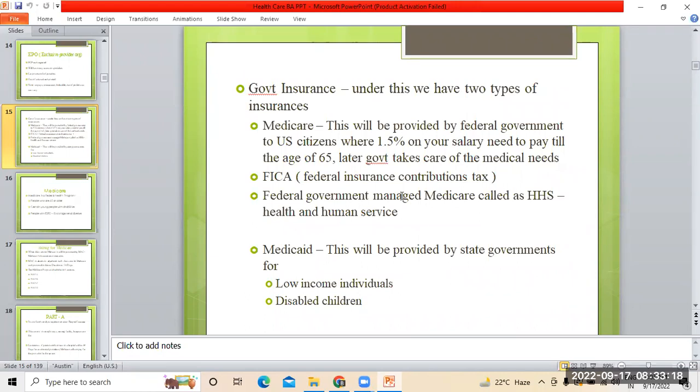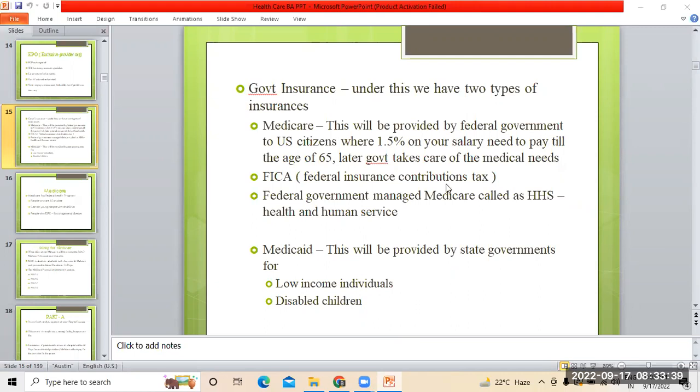Whatever decisions they take, whatever changes and amendments they make, everything comes under that category, right? So this is the major difference you see from Medicare to Medicaid, right?